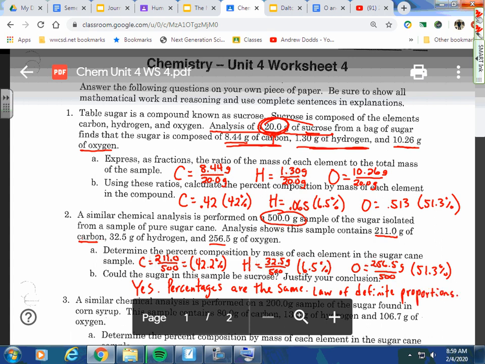So this is our law of definite proportions, right? No matter how much we have, sucrose is always going to contain carbon, hydrogen, and oxygen in the same amounts, the way they combine with one another. Okay? That is the law of definite proportions.